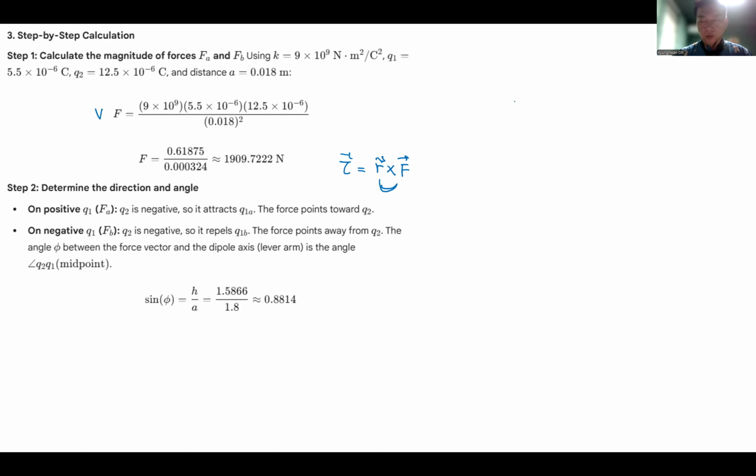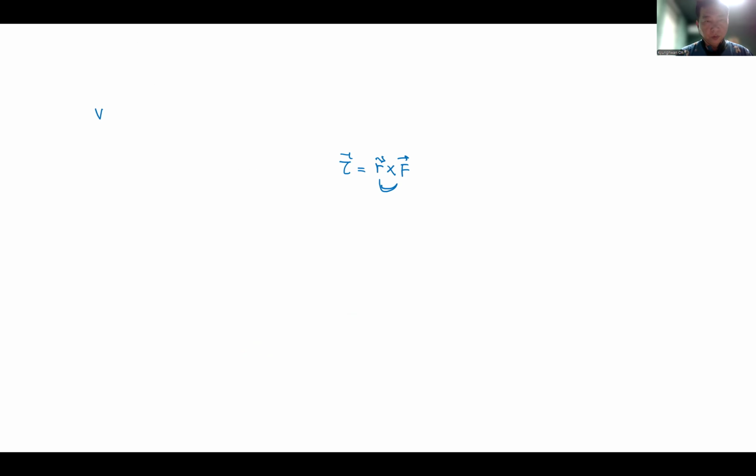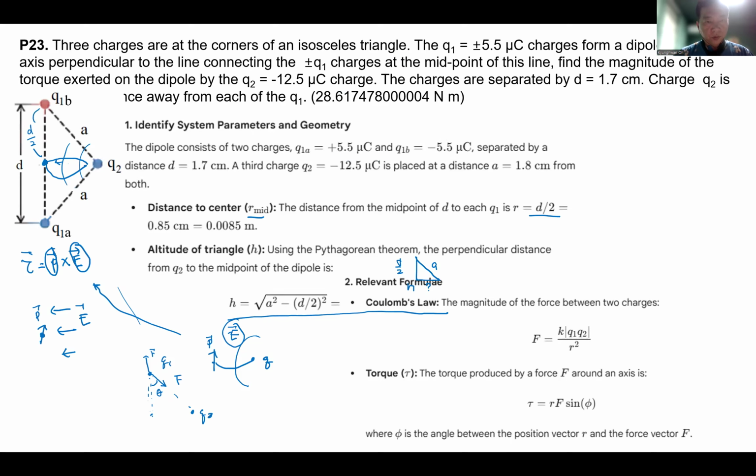The angle is defined in this way. Remember that H, A, okay. So that's the reason why we calculated H, right?